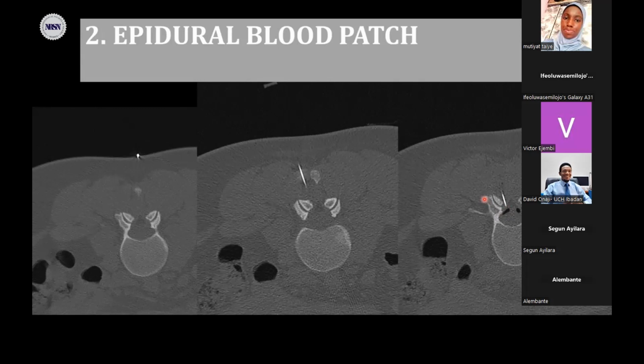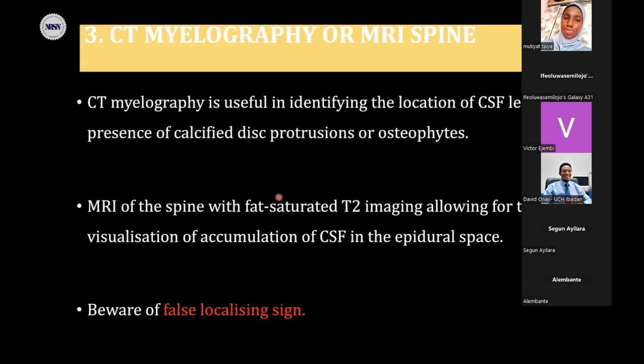This is because most of the time the symptoms tend to go down and the dura gets closed off by itself. You encourage bed rest and hydration. So if the person has a lumbar puncture within the first 48 hours, we do not run off to do an epidural blood patch.